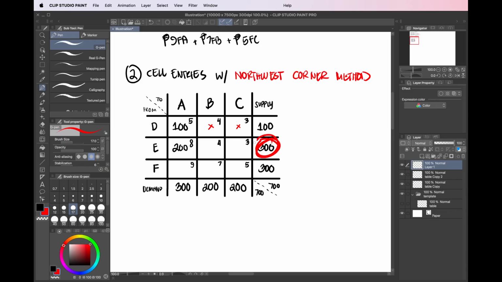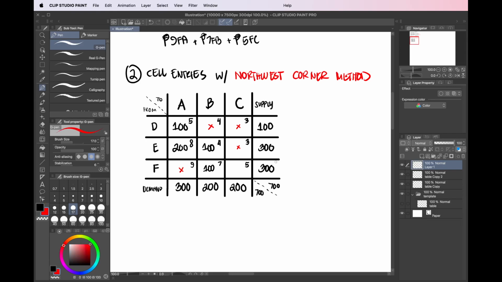So by the way, since this column is satisfied, you don't have to put any values anymore. Next is satisfying this value. In order to satisfy 300, 200 plus 100 is 300. So this is good. Now, we don't put any values here anymore. Now here, we see that there's 200. So in order to satisfy that, 100 plus 100 is 200.